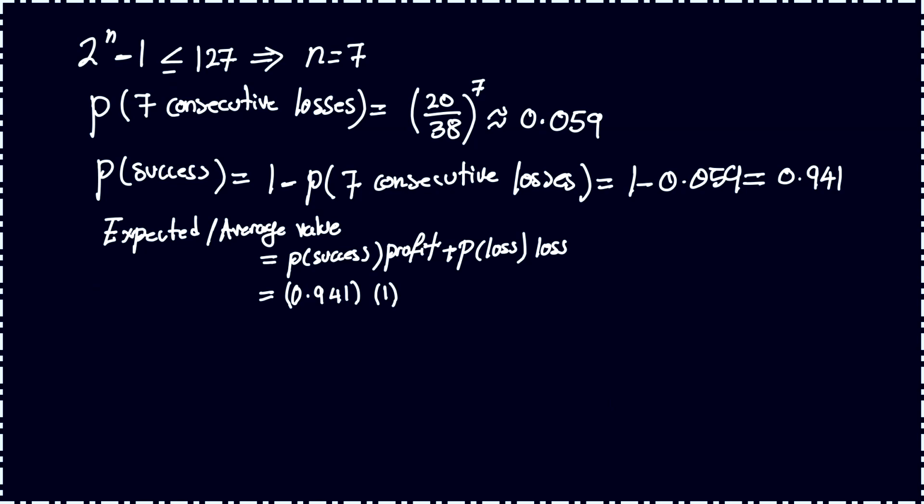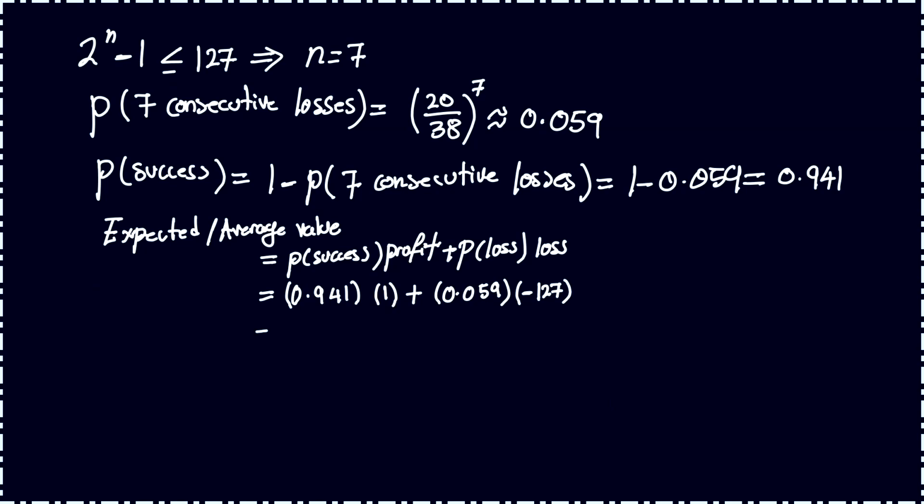So here we assume that the profit is 1. And then plus, this is part of the formula for expected value, probability of loss of 0.059 times the amount lost, which is the entire bankroll of $127.